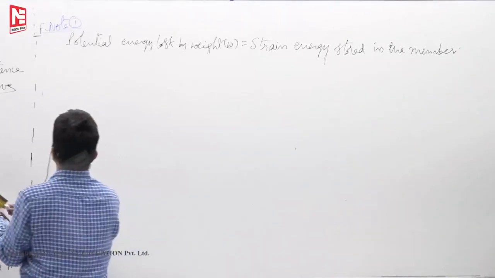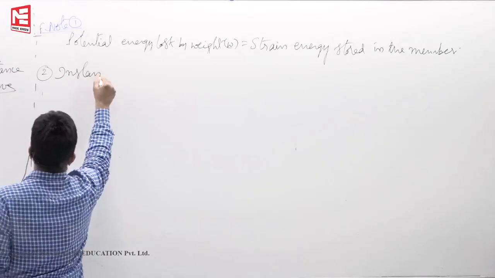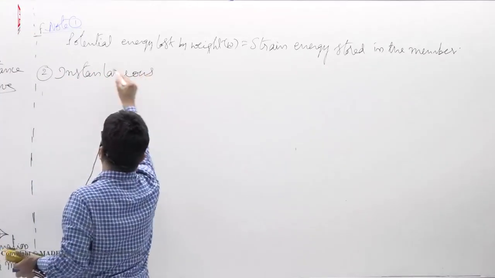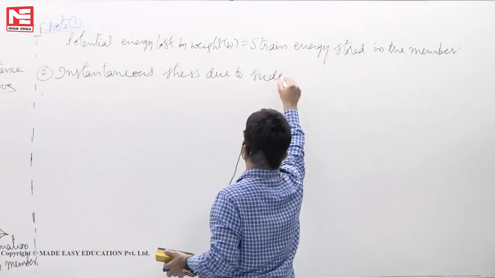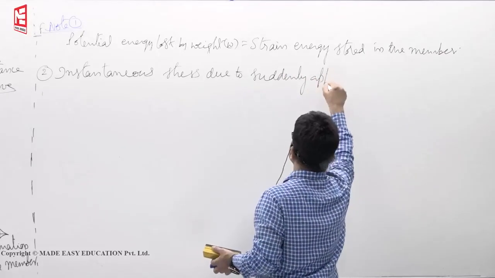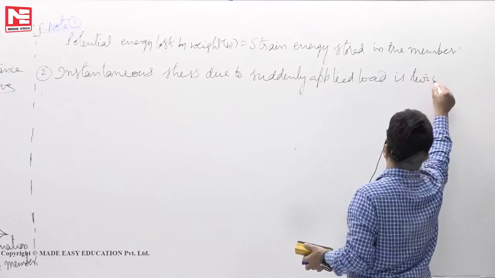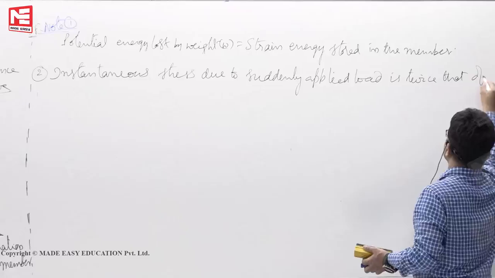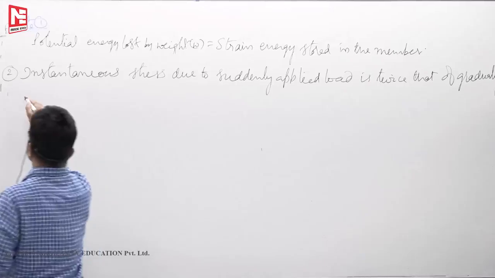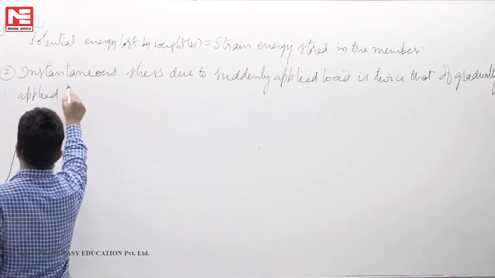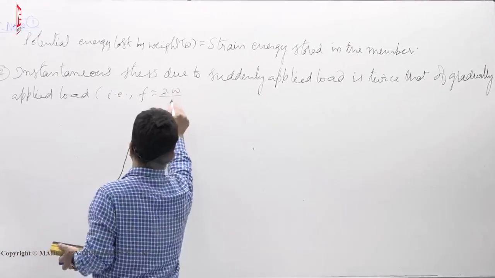Now having taken that point, the second point is: instantaneous stress due to suddenly applied load is twice that of gradually applied load. That is, F is equal to 2W by A.